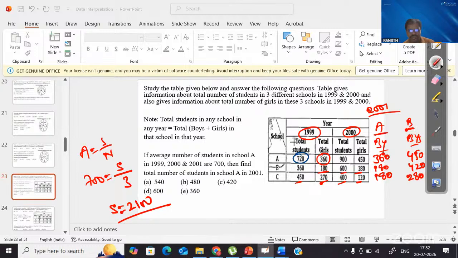We need to add school A only. So 720 and 900 will be equal to 1620. Now the difference will be equal to 80. Only one option we are having 80, so the option 480 is our answer.